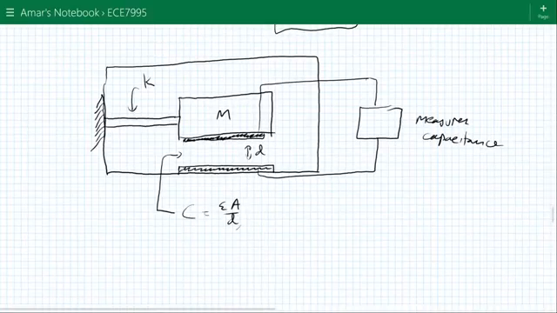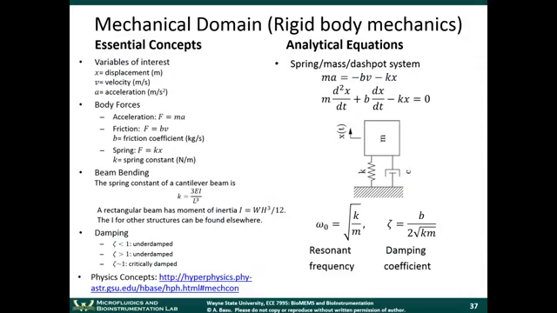Accelerometers are used, like I said, in your cell phones and in automotive airbags. They're everywhere. This is a good example because it demonstrates rigid body mechanics. You have a rigid mass that's attached to something that's holding on to it. That rigid mass is going to be subjected to acceleration, F equals ma.